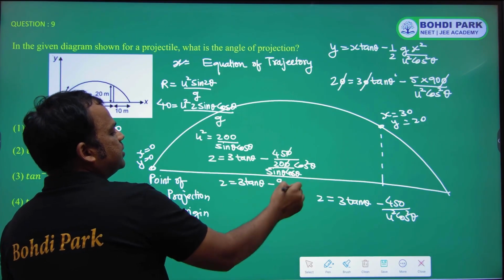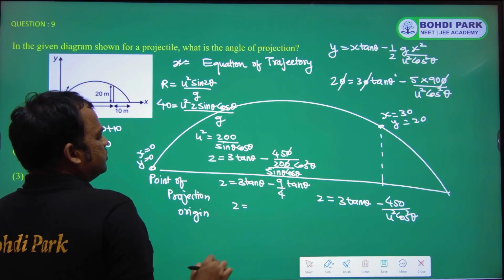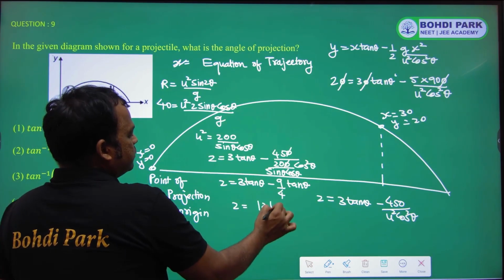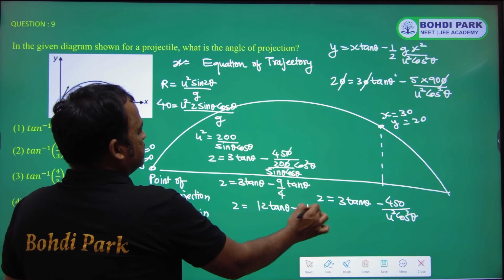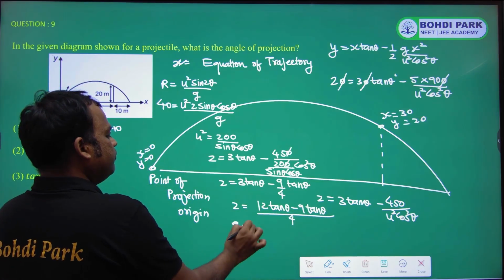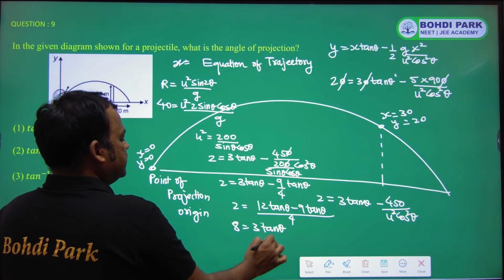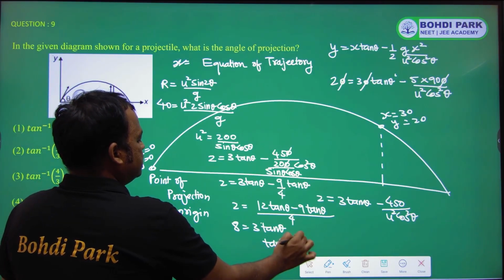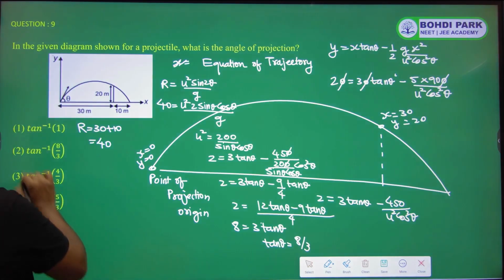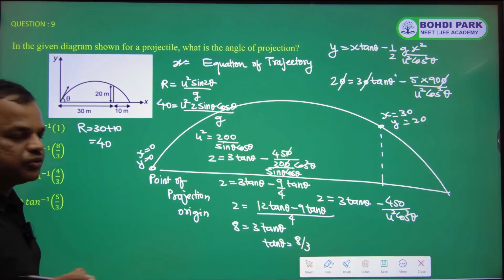It will become sin by cos, so tan theta. So 2 is equal to 12 tan theta minus 9 tan theta divided by 4. So 8 is equal to 3 tan theta. So tan theta is equal to 8 by 3. Okay, so that is second option. Okay, so done. Now next question.